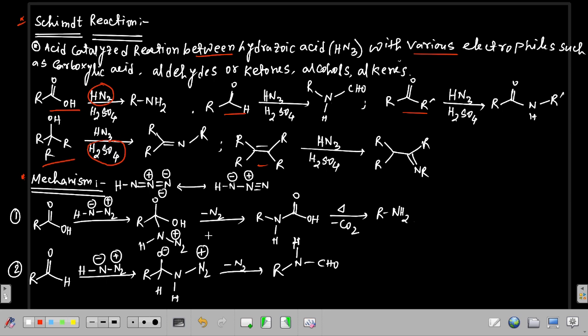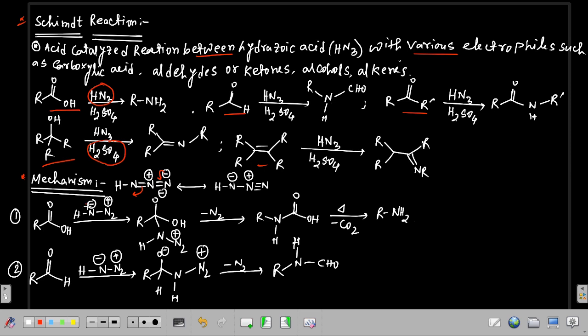So first, hydrazoic acid will be present in this form. It can be present in this form also. This minus will delocalize and this bond will break, and the minus charge will come on this nitrogen. This is HN3, that is hydrazoic acid.